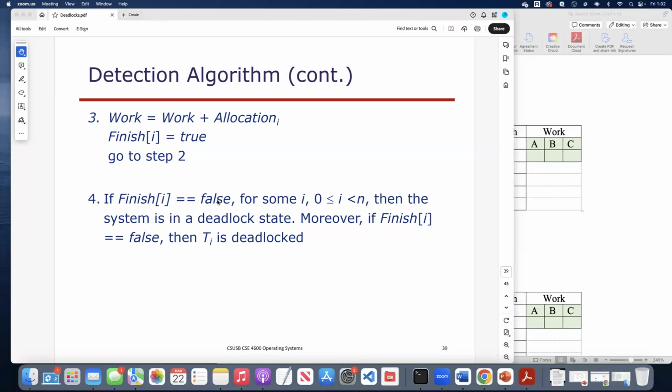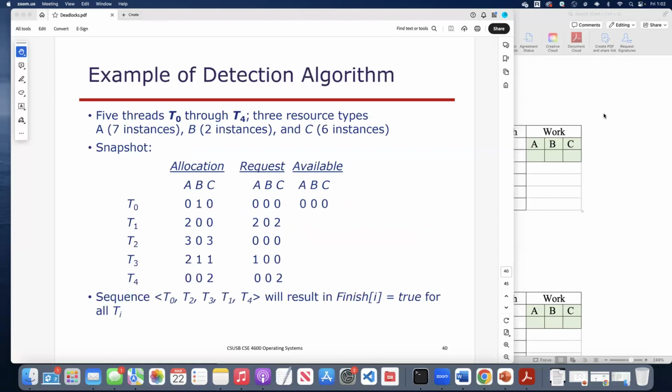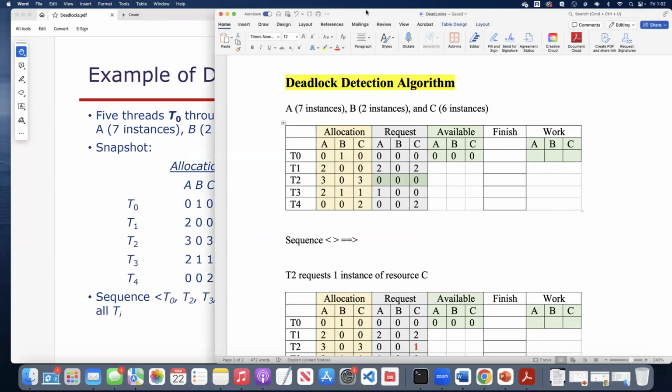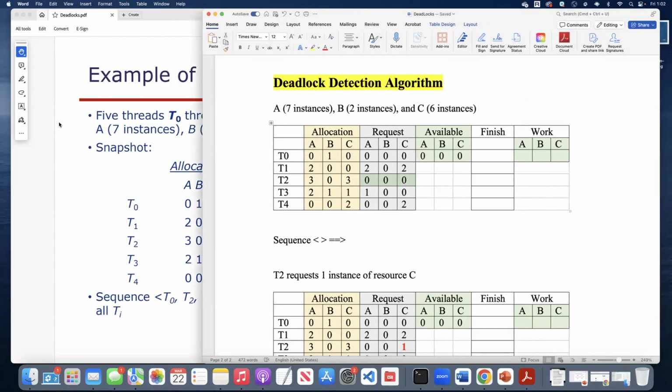Okay, now let's take a look at an example. This is the data structure we need to use in the deadlock detection algorithm: allocation matrix, request, and available.